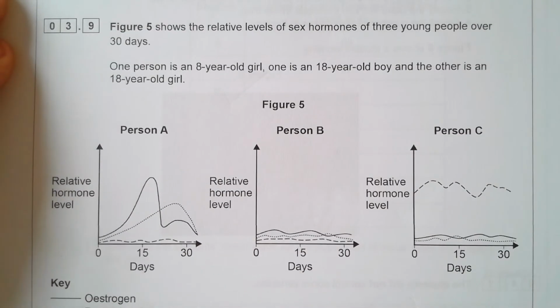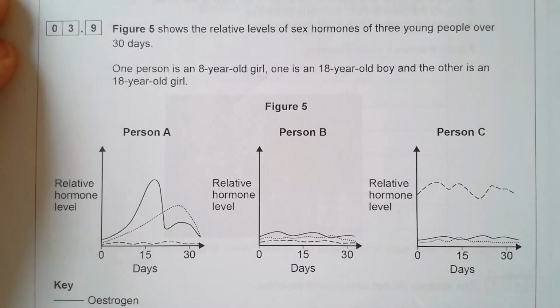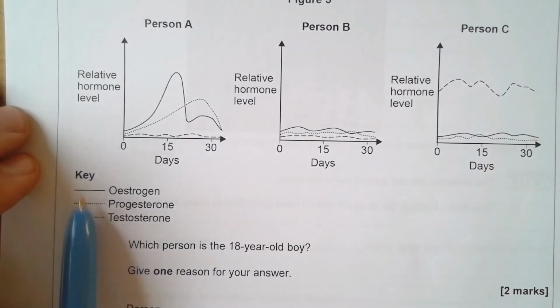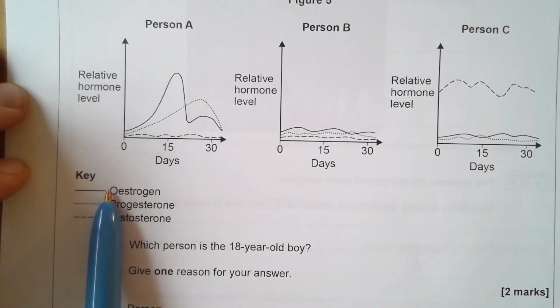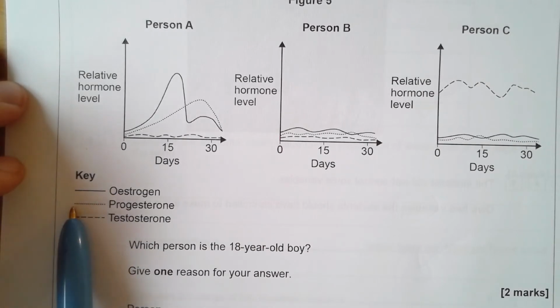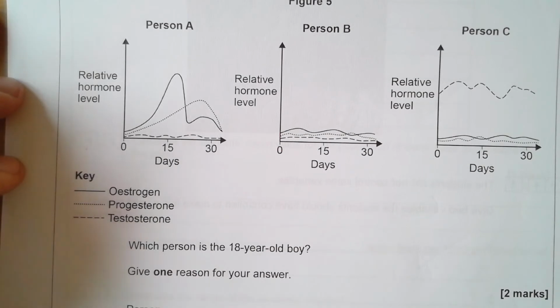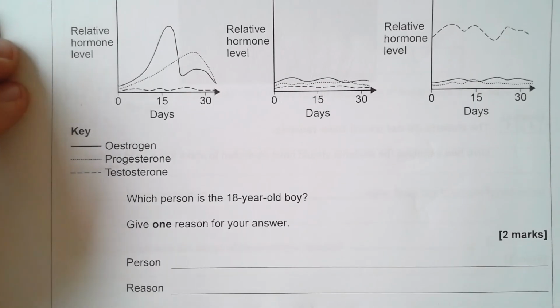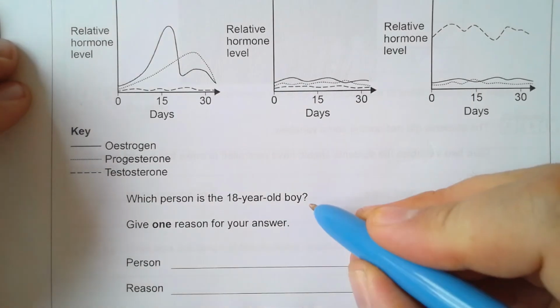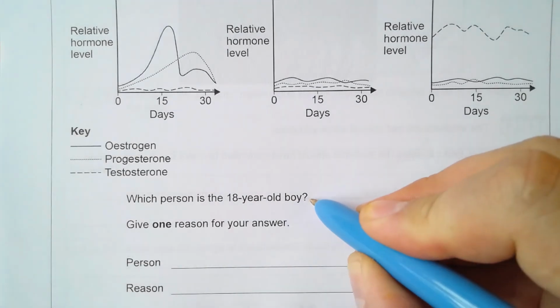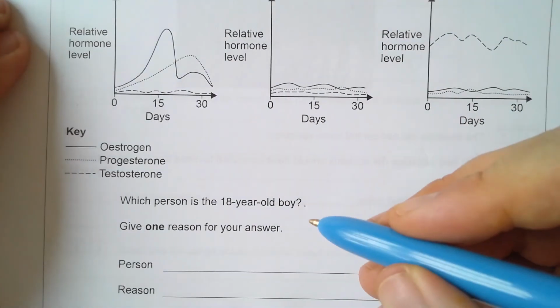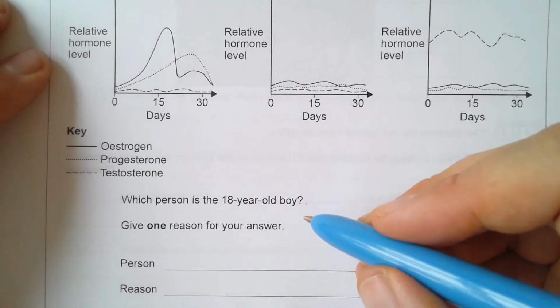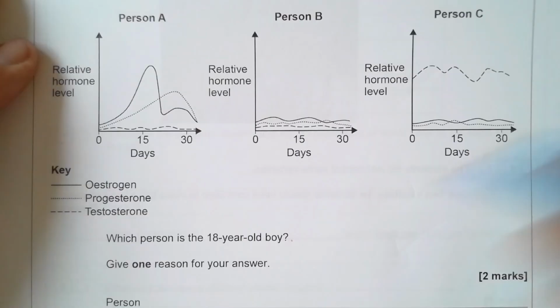Figure 5 shows the relative levels of sex hormones of 3 young people over 30 days. You've got person A, person B, person C, and if we look at our key, the solid black line represents estrogen, the light dotted line is progesterone, and the heavy dashed line is testosterone. And it's asking us which person is the 18-year-old boy. Now, we know that testosterone is only high in males of a certain age, beyond puberty basically.